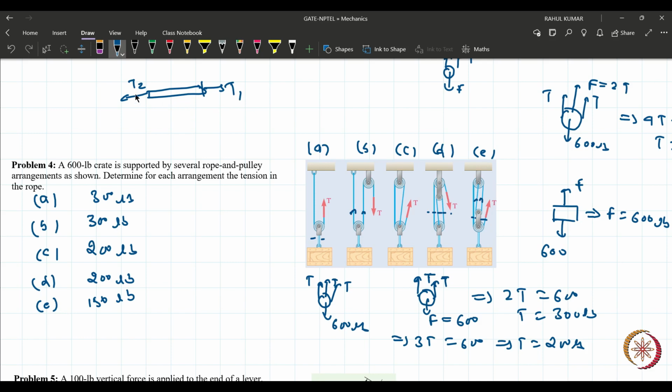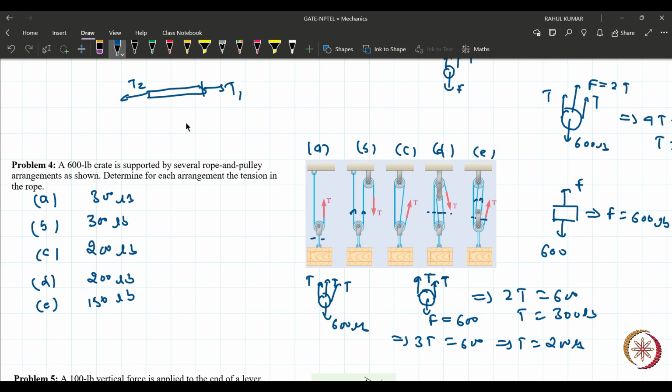And if there is an acceleration, then these T1 and T2 will not be balanced to each other. Are you getting my point? Yes, sir. That's why if the string is the same, the tension will be the same. But the condition is the string must be massless, inextensible, non-deformable.